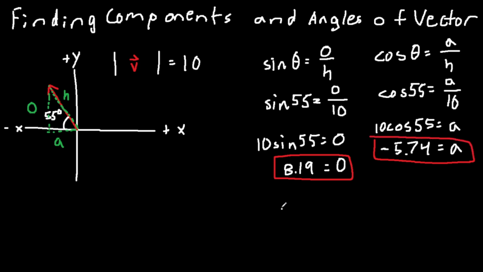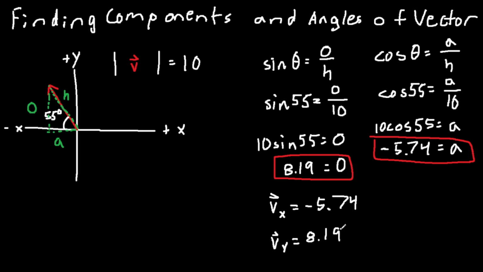And that's why this is turned to negative. So the components of this vector, v of x, is equal to negative 5.74, because that is the adjacent value. That's why it's the x value. I'm going to erase this x. And v of y is equal to 8.19.